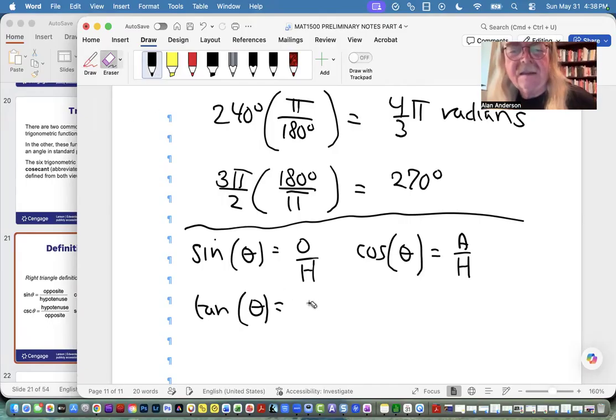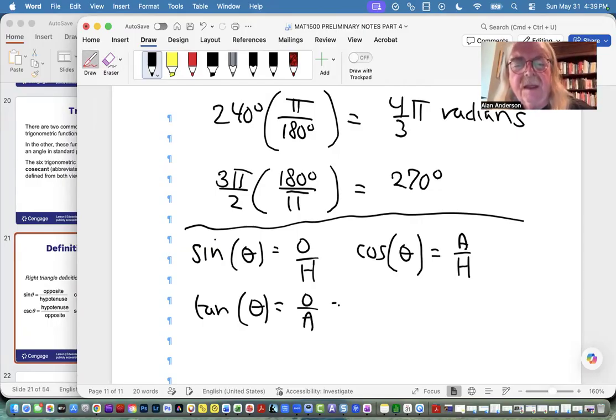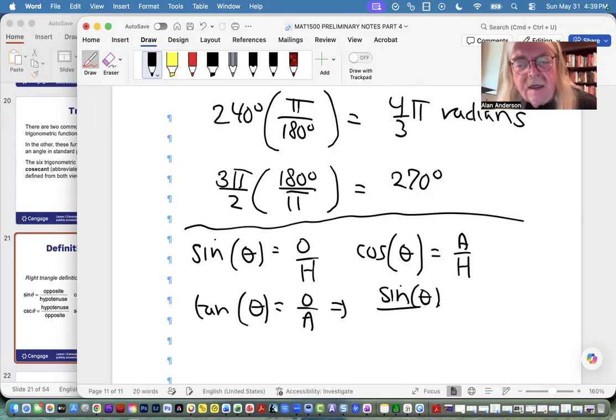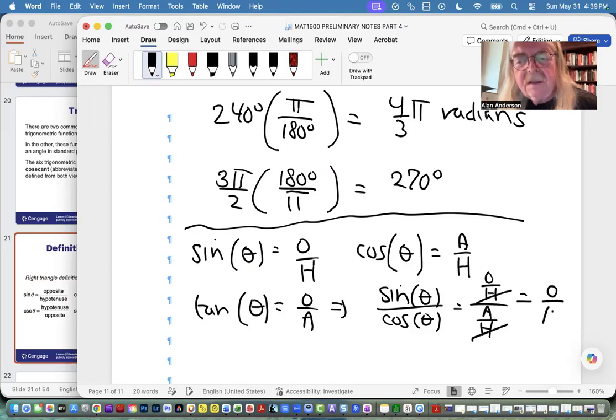Whoops, sorry, that's not right. It's O over A. But if you look at it carefully, that means that the tangent is the ratio of the sine over the cosine. Look at that. Because we have O over H over A over H.